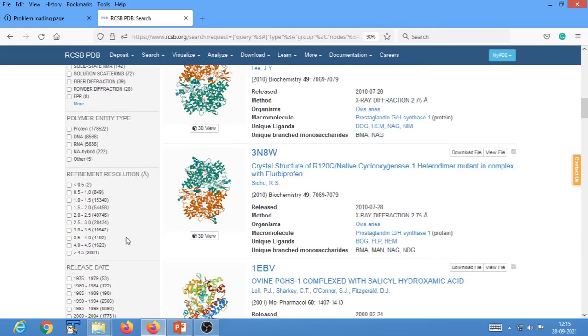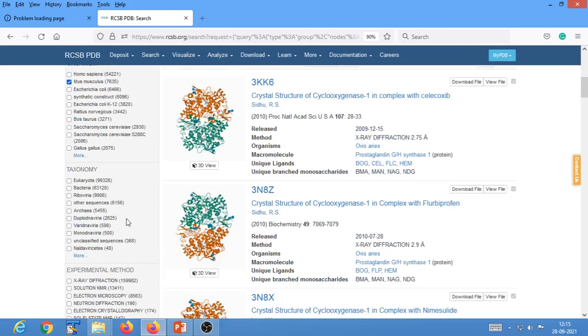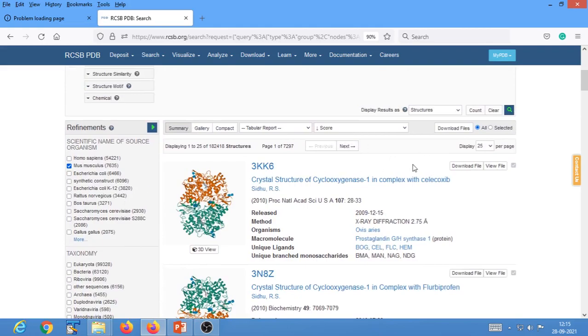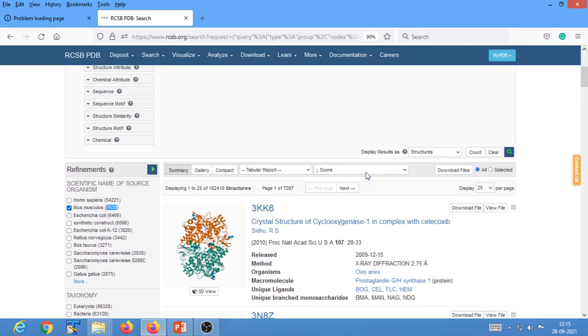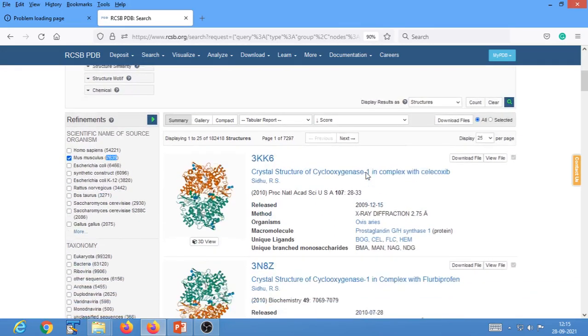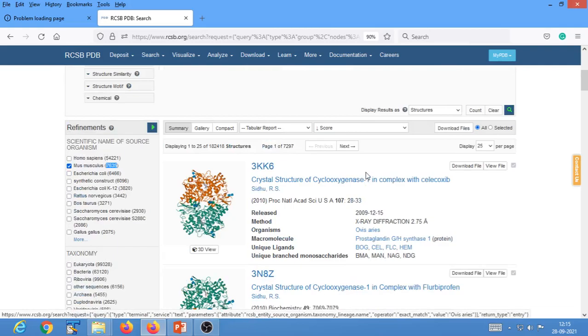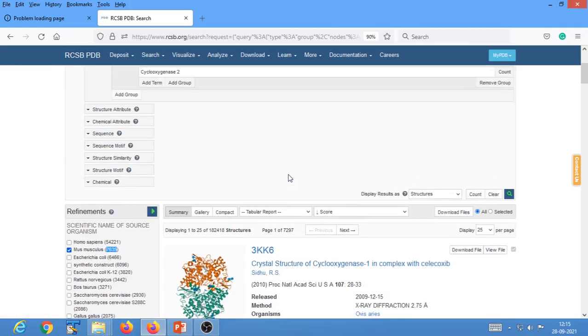You can also refine your search as per the resolution. You can see over here that there are some 7635 structures, with scientific name of source organism Mus musculus.